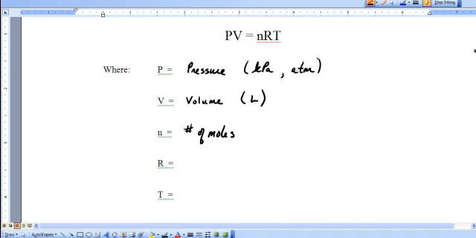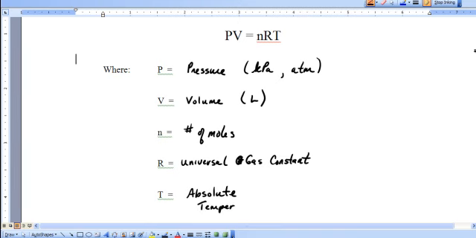R is what's called the universal gas constant. And the temperature is T. This is, of course, the absolute temperature, and that will be in Kelvin.